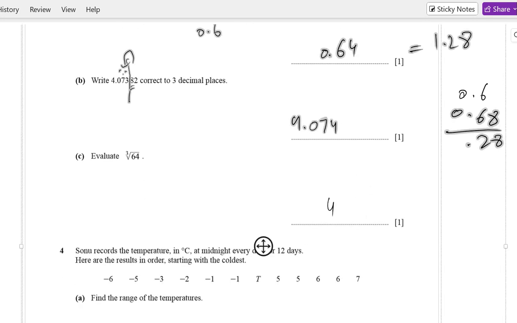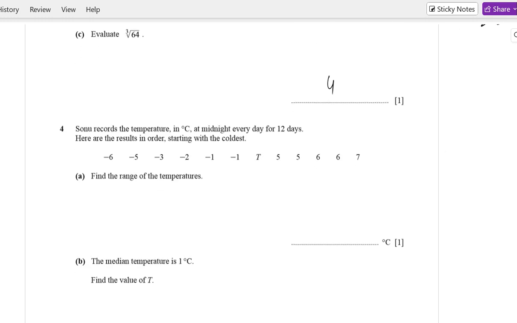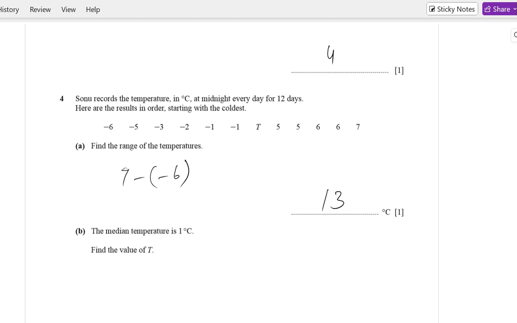Evaluate its fourth cube. Find the range. Range would be highest minus lowest. 7 minus minus 6, 13. If the median is 1, 1, 2, 3, 4, 5, 1, 2, 3, 4, 5.